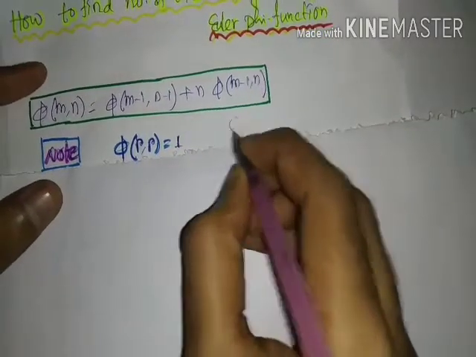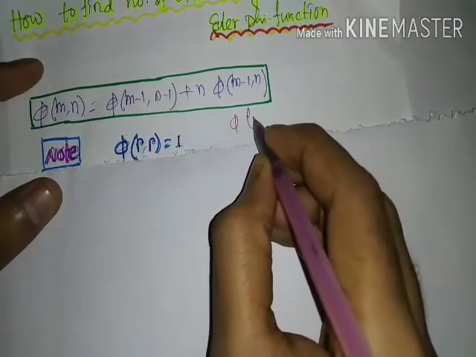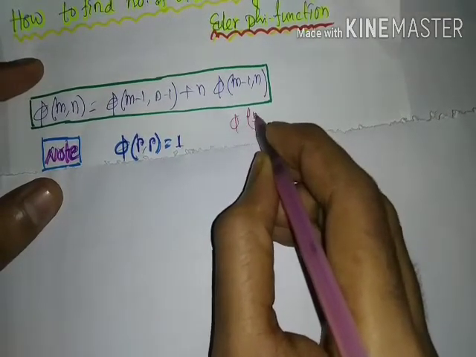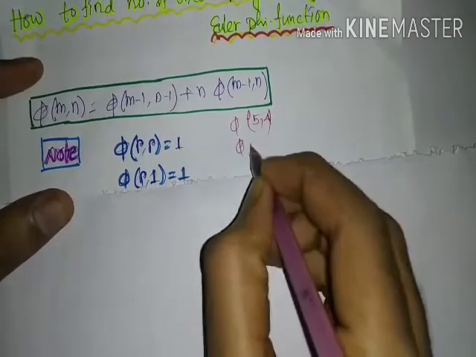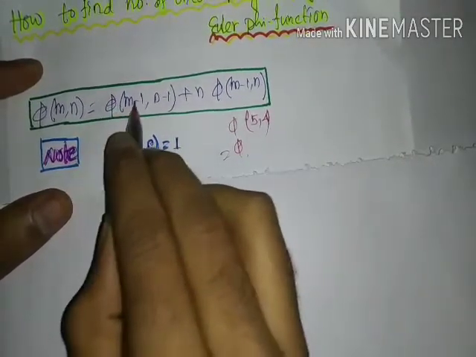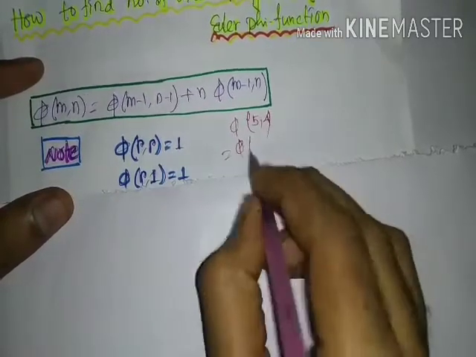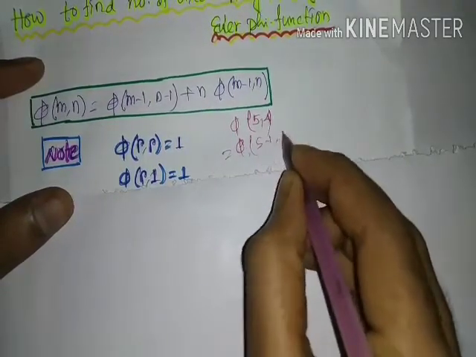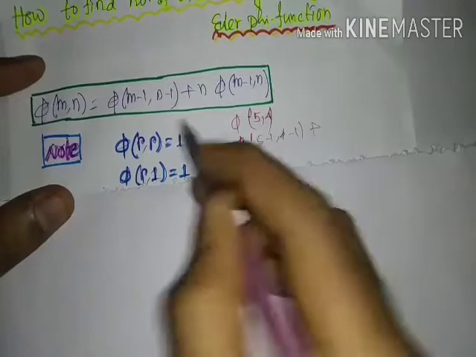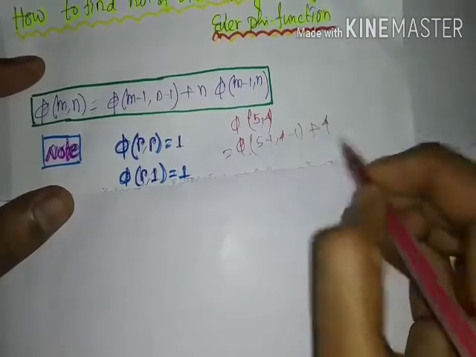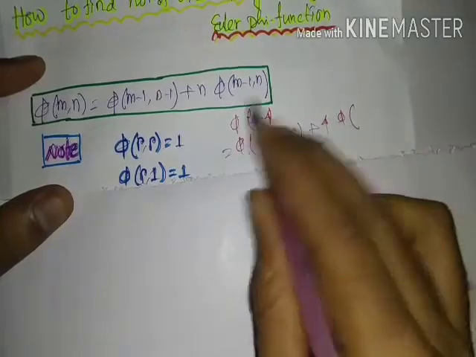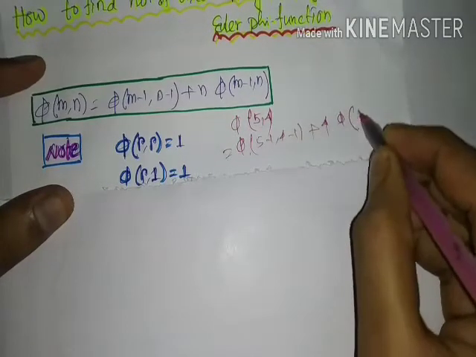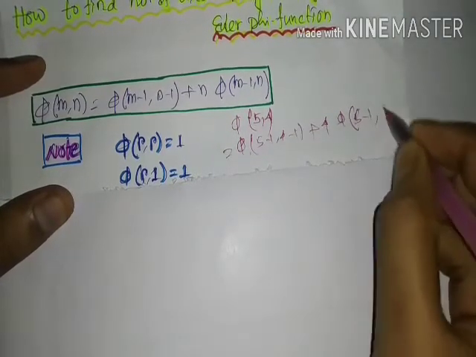Like if we take (5, 4), then using this formula both decrease: phi of (5 minus 1, 4 minus 1) plus 4 into phi of (5 minus 1, 4).